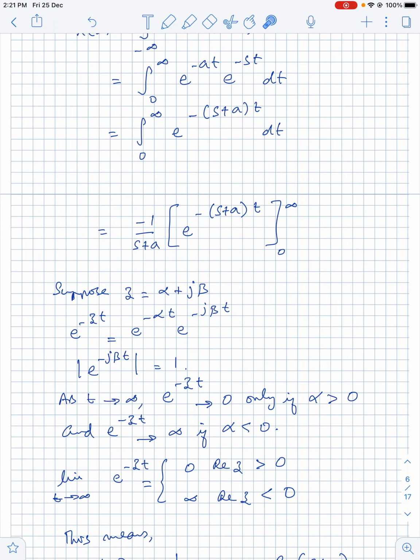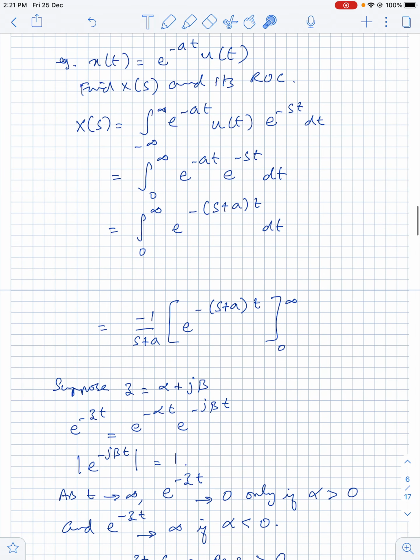We are always interested in the absolute value, because these are in general complex quantities. X(s) in general is a complex quantity. Finally, when we are dealing with real systems and real signals, physical systems and physical signals, we are not interested in complex numbers. We basically want the magnitude.